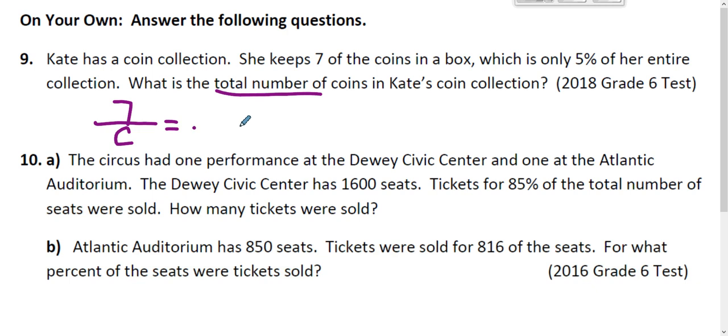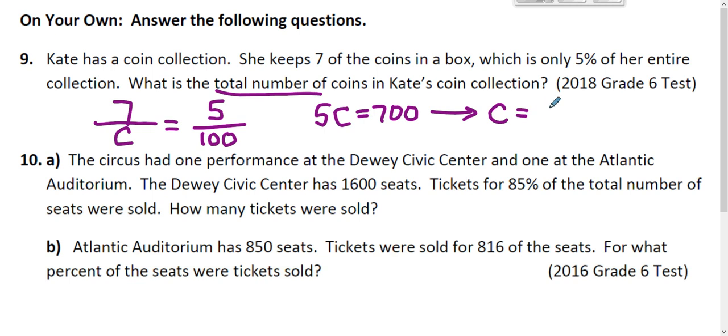And we do know that those 7 coins represent 5% of her coin collection. So then we cross multiply. 5C is 700, and that means that C is 140. There are 140 coins in Kate's coin collection.